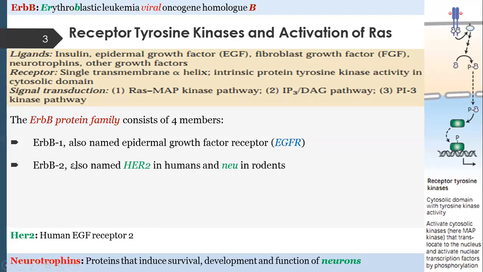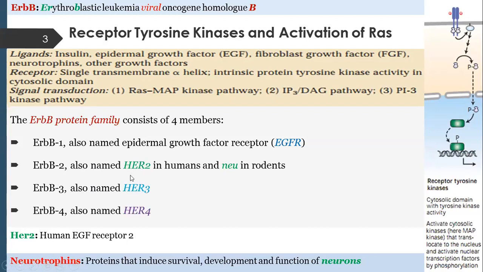When this ERB2 is present in rodents, the receptor is known as NEU. So NEU or HER2 is the same receptor, the ERB2 receptor, present in humans and in rodents.